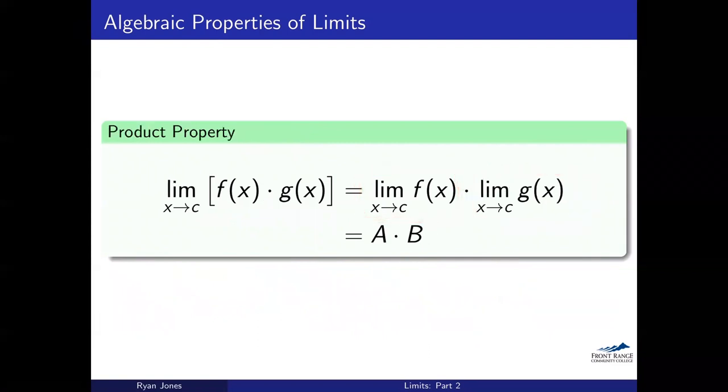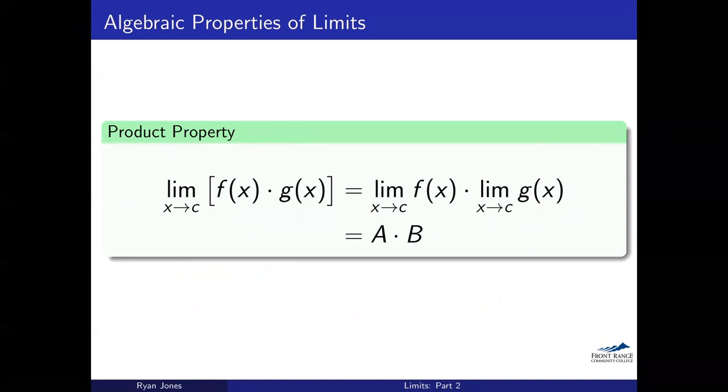Let's go ahead and move on next to the product property. This is something that a lot of people wouldn't think actually works. It's a little bit tough to prove, but in fact, it does work, and we'll call it the product property.